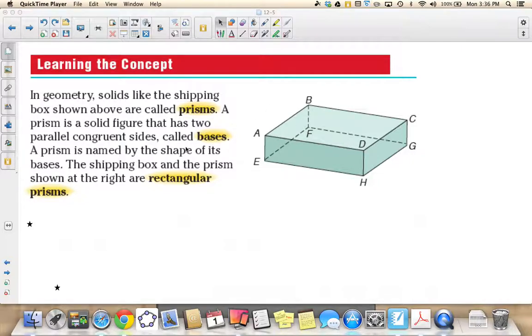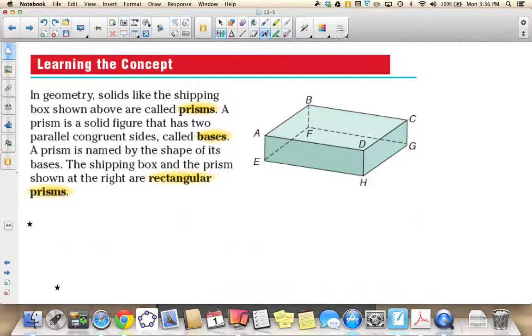Why is it called a rectangular prism? Because it has two bases which are rectangles. So this is a rectangle right there, and there's another rectangle underneath, which are also called the bases of this particular prism.